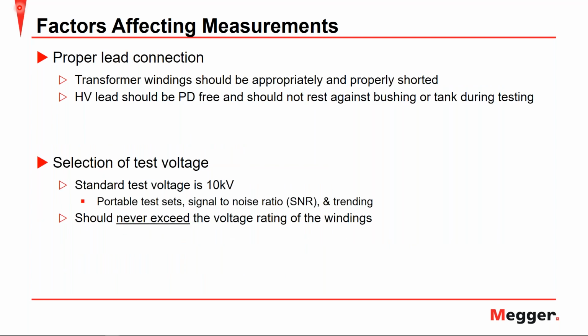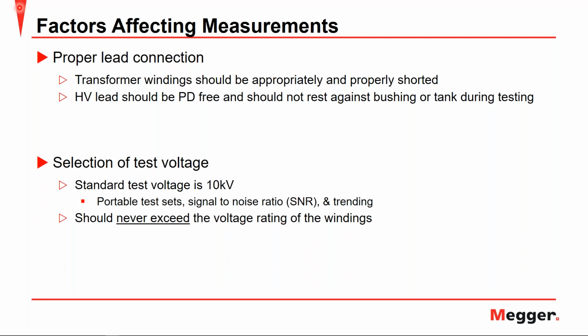Next is proper lead connection. When testing power factor on a transformer, your windings should be appropriately and properly shorted. By appropriately, I mean you short all of your high side windings, bushings or terminals, and then all of your low sides separately. You also want to make sure it's done properly, in that you leave minimum slack in the conductor that you're using to short these, so as not to cause any stray leakages that affect your measurement.